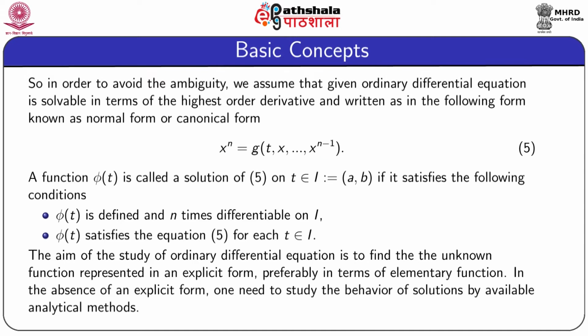A function phi(t) is called a solution of 5 on t belonging to I, the interval (a, b), if it satisfies the following condition: phi(t) is defined and n times differentiable on I, and phi(t) satisfies equation 5 for each t belonging to I.